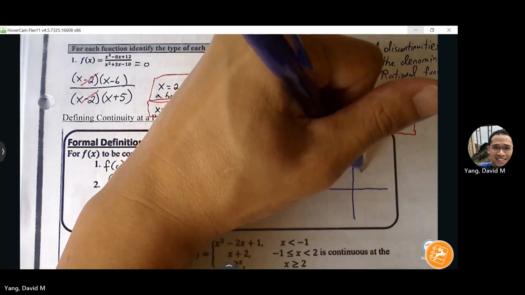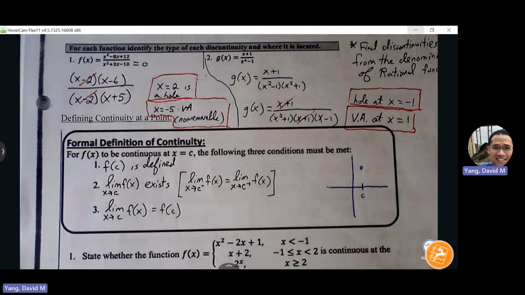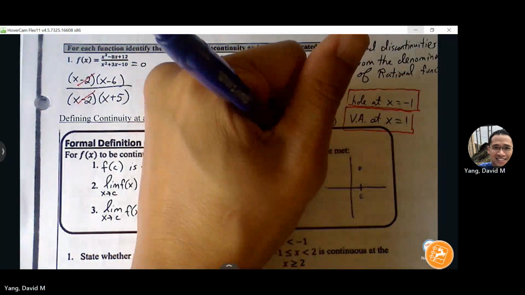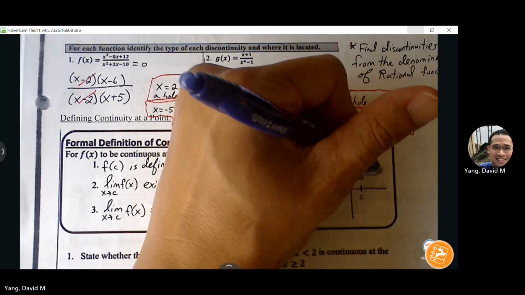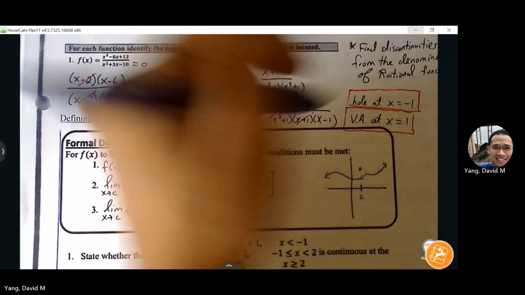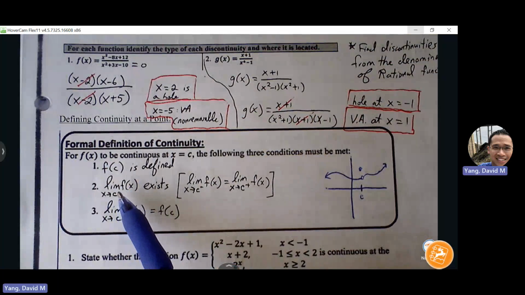The second condition is, does the limit exist? In order for the limit to exist, we just want to know, does the graph connect and move towards the same y value? If it's just one function, then that's great, I can just find the limit of that function.